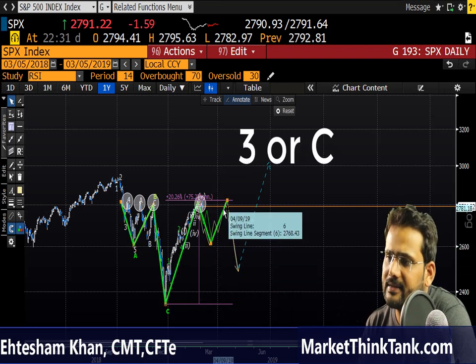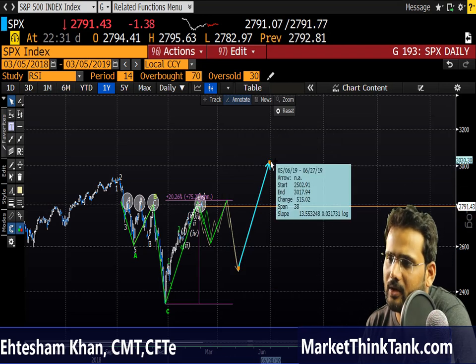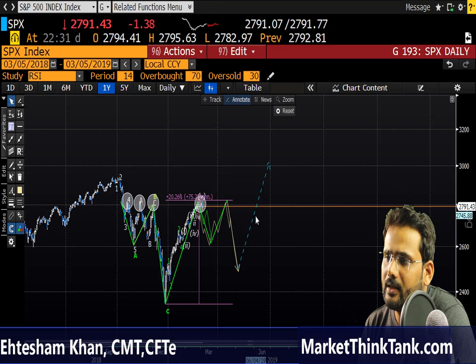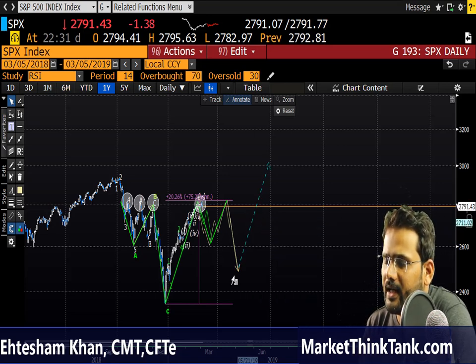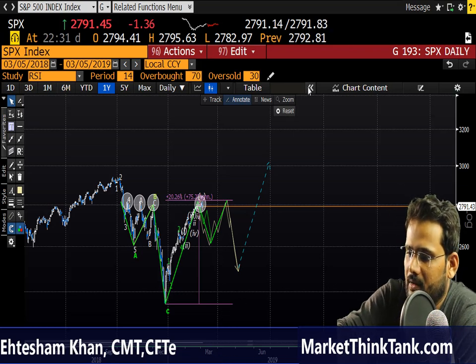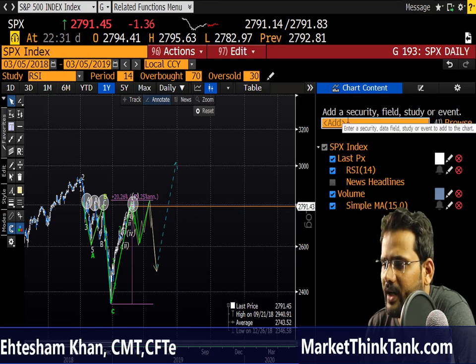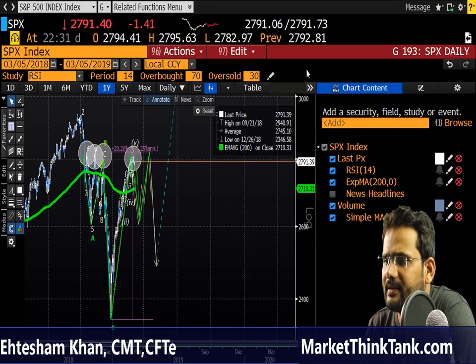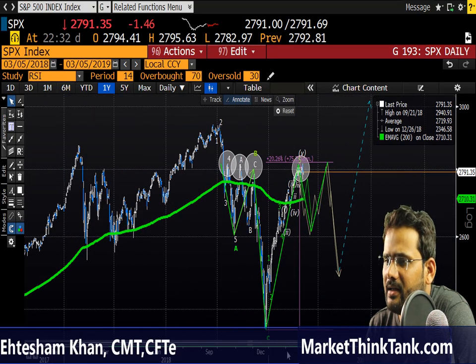In either case, we are anticipating another move up from here onward, and on top of it, if we just add a 200-day exponential moving average line here, it is very interesting to note that the market is trading above the 200-day exponential moving average line.